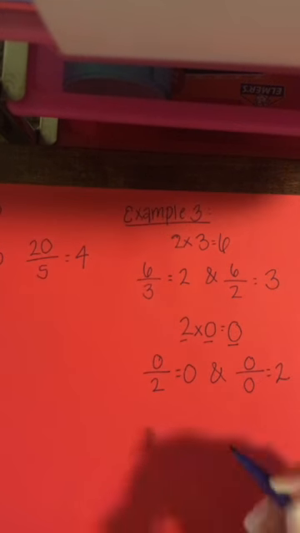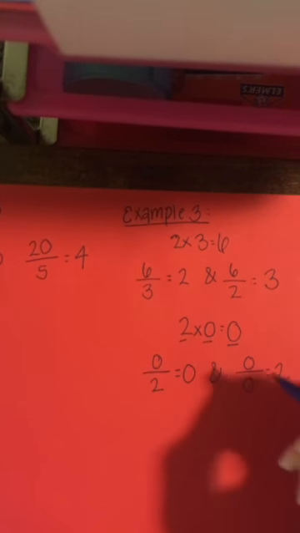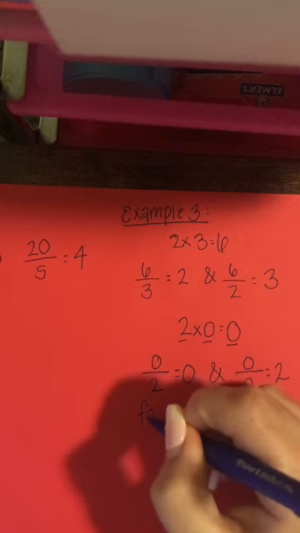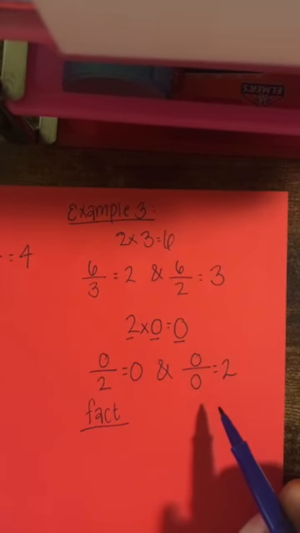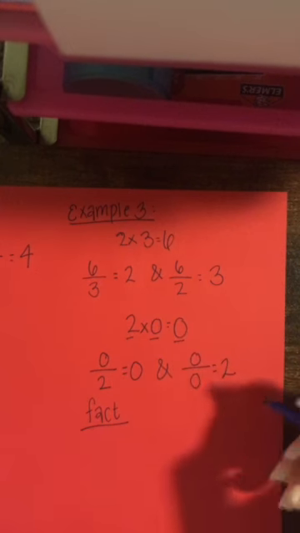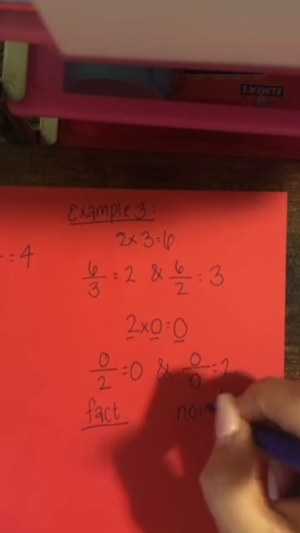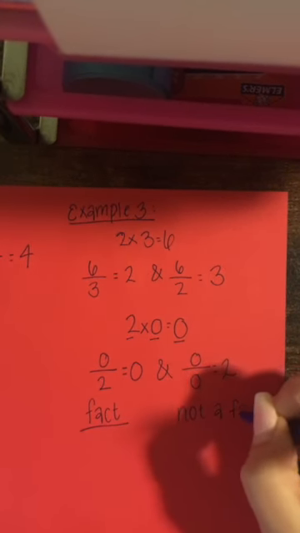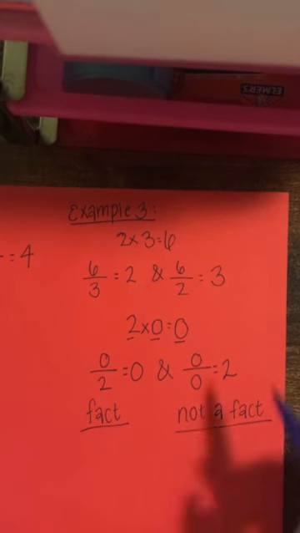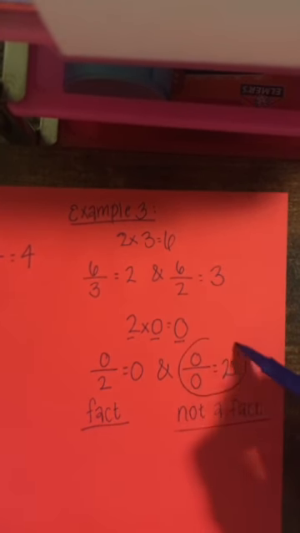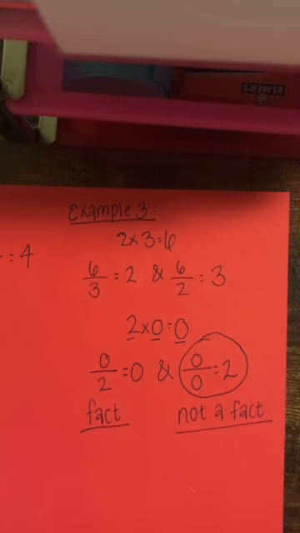So this side over here, 0 divided by 2 equals 0, this is a fact. However, 0 divided by 0 equals 2, this is not a fact, because we cannot divide by 0. So this is our answer for which arrangement is not a fact.